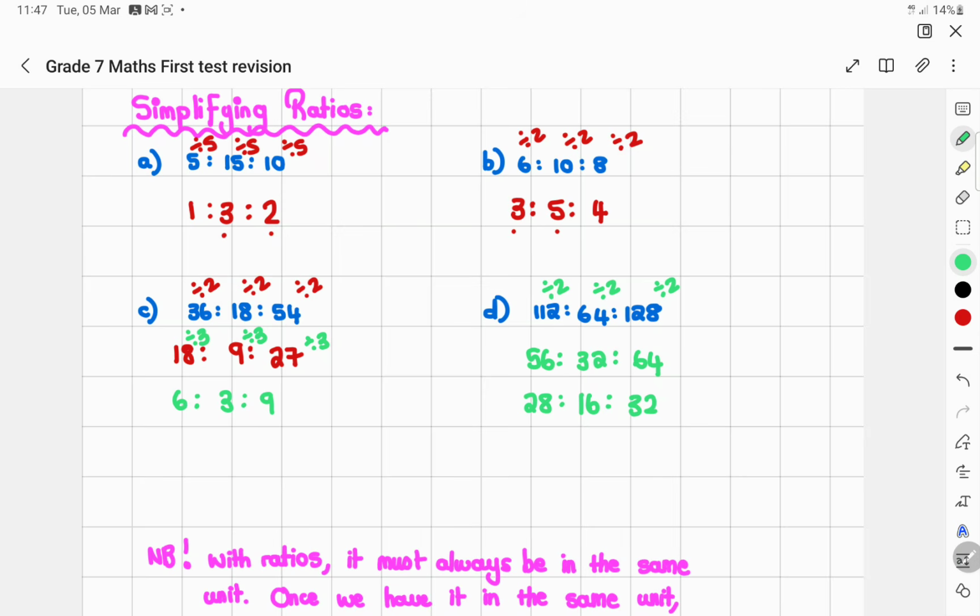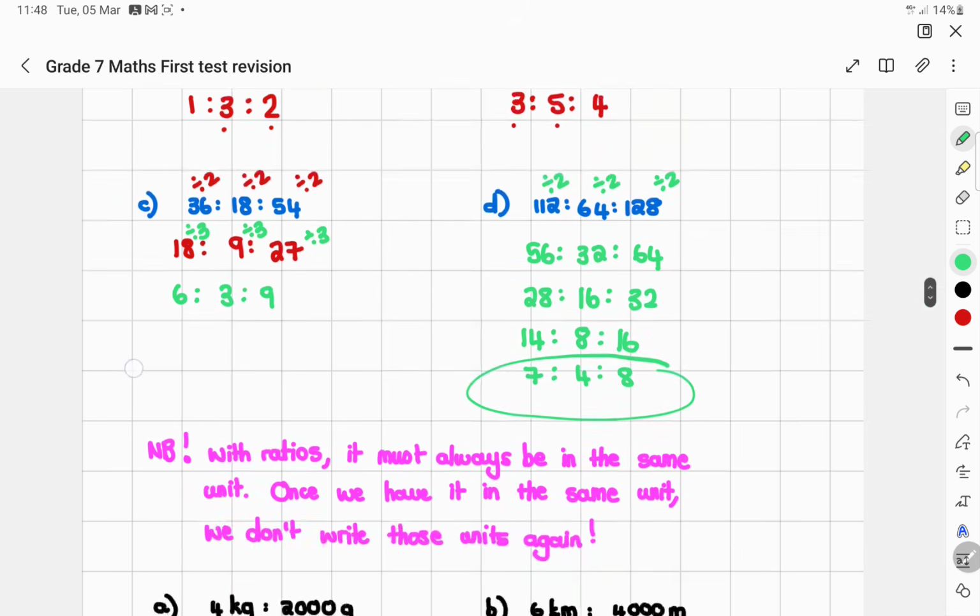Again, I'm going to divide by 2 all throughout, and you keep going until you hit a prime number. 14 to 8, 32 divided by 2 is 16. Again, I'm going to divide by 2 all throughout. And at last, I hit a prime number, which is 7, which I know then it can't go any further. All right, so 112 to 64 to 128 simplified is 7 to 4 to 8.